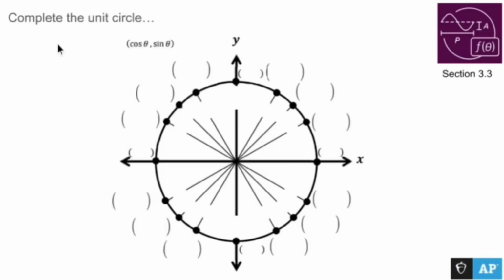All right, let's complete this unit circle. This is not the only unit circle video that I have, so I highly suggest that you watch both of them just for fun. Now, let's start out the unit circle by labeling my degrees.